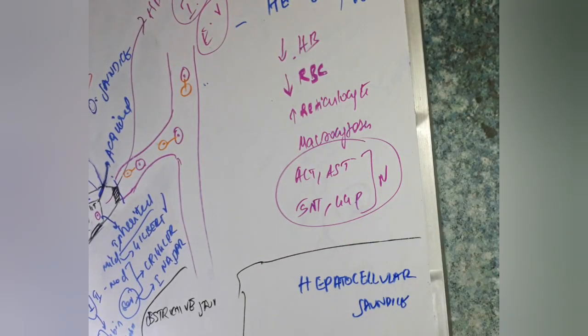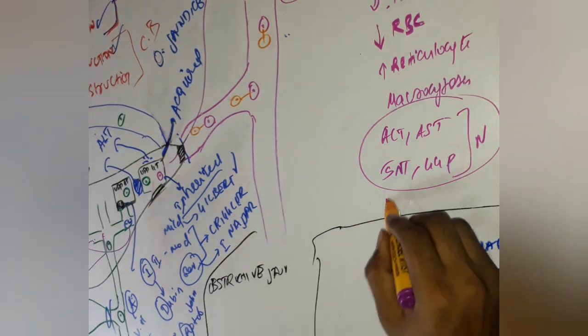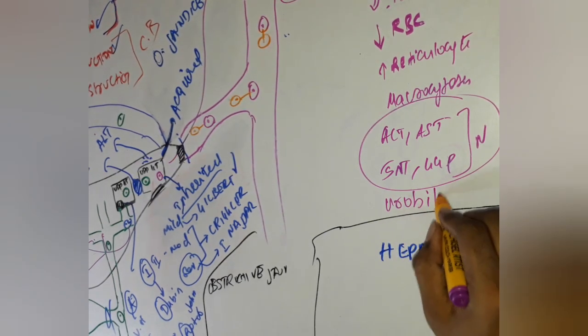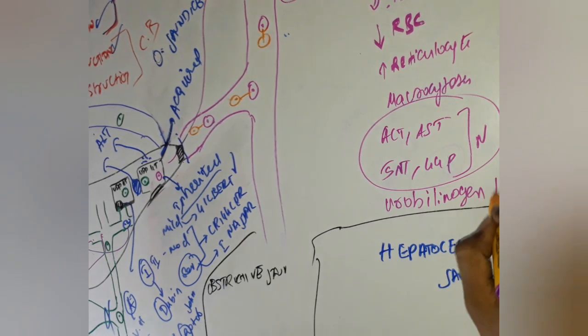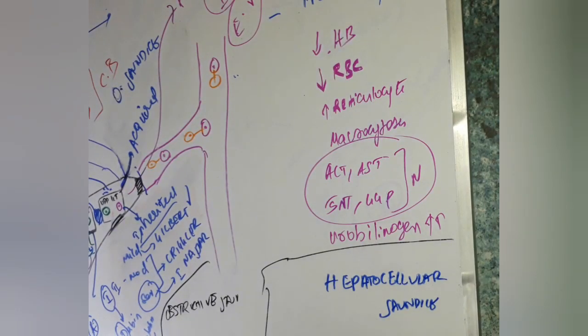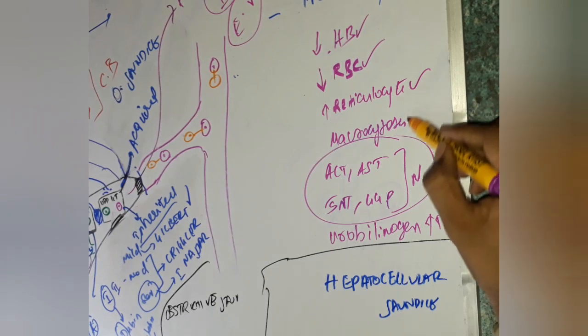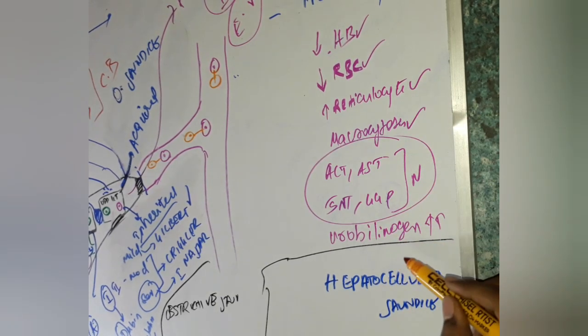And one more thing, there is excess of urobilin. Urobilinogen is increased. This is what I can see in my hemolytic or pre-hepatic jaundice. So the patient will have a decreased hemoglobin, decreased RBC, increased reticulocyte, macrocytosis, all my enzymes will be normal and urobilinogen will be increased.